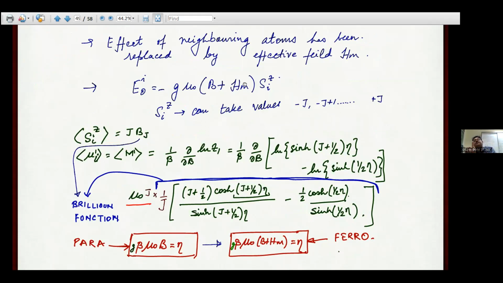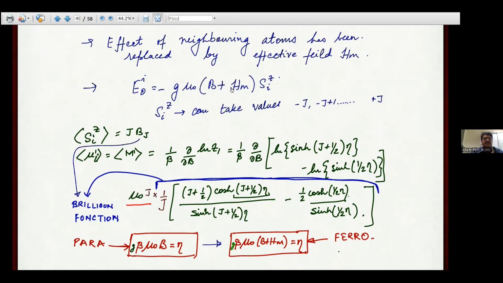So you could see that now you have many magnetic moments sitting on a lattice, which is seeing an external magnetic field B plus an average internal magnetic field created by H_m. If the external magnetic field B is 0, then all that a particular spin on the lattice will see is this H_m, right? So the effect of interaction has been subsumed, absorbed, incorporated by this H_m.